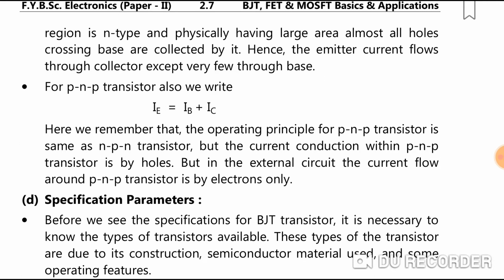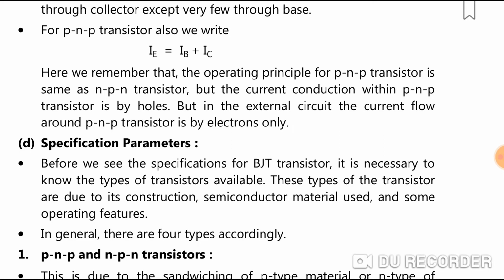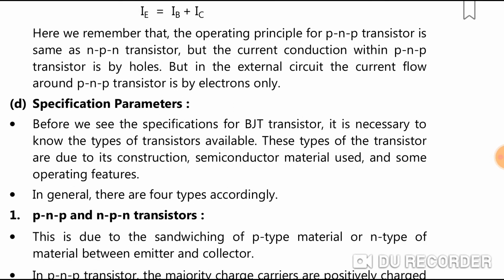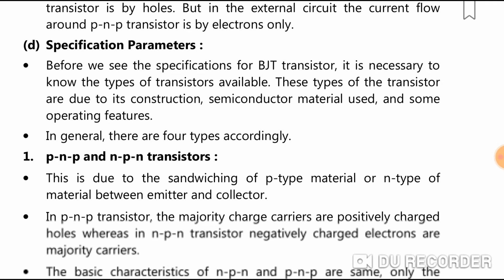Hence, the emitter current flows through the collector except very little through the base. For a PNP transistor also we write IE is equal to IB plus IC. Here we remember that the operating principle for a PNP transistor is the same as for an NPN transistor, but the current conduction within the PNP transistor is by holes. But in the external circuit, the current flow around the PNP transistor is by electrons only.